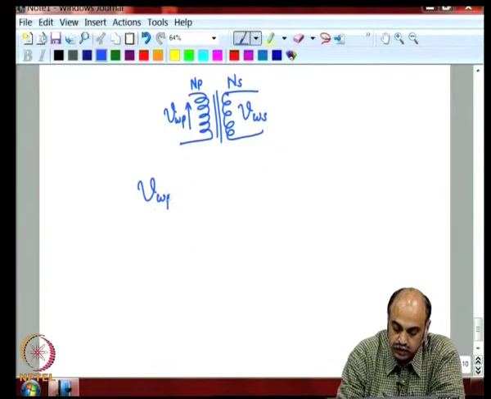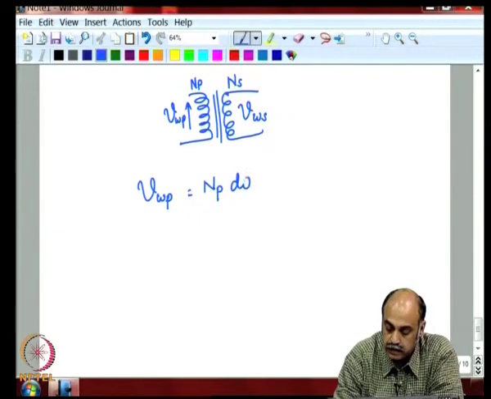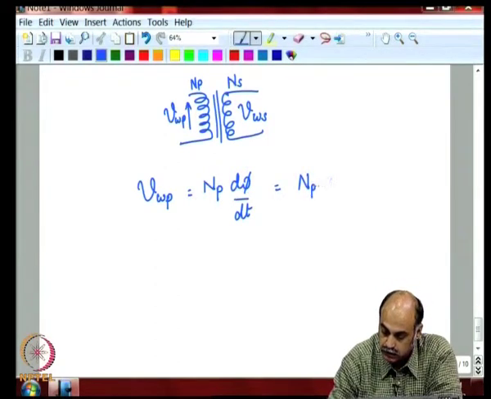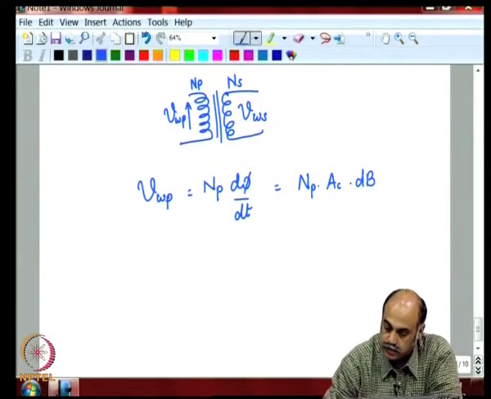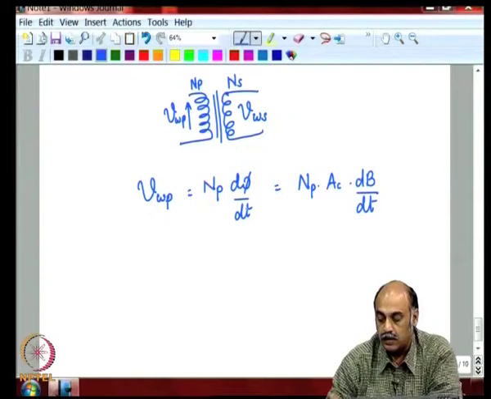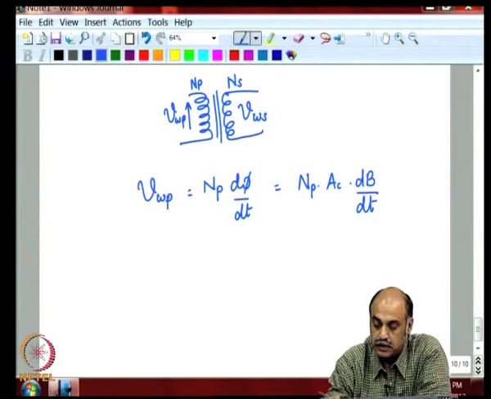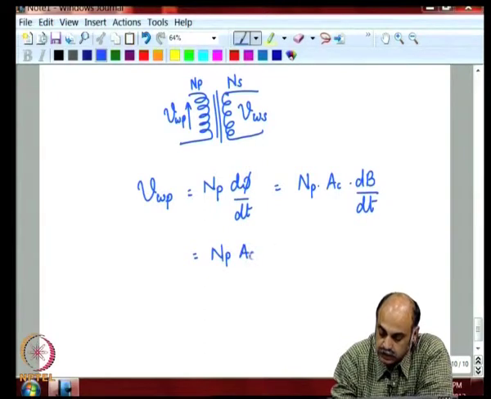Now, voltage across the primary winding is equal to N P d phi by dt, which is equal to N P Ac dB by dt. Now, because the operating flux is in the linear region, you can write it as NP Ac delta B by delta T.